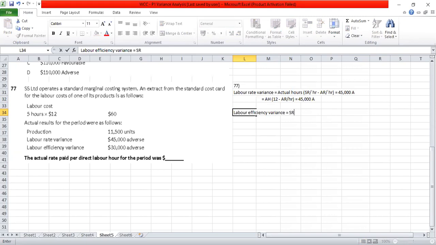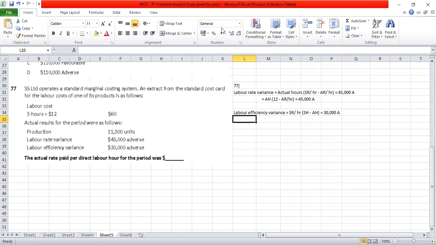So the formula is standard rate per hour times the difference between standard hours minus actual hours, and this is given to us as 30,000 at first. Out of the three variables, we know the standard rate per hour, which is $12. Then for the standard hours, yes, we can find them out.